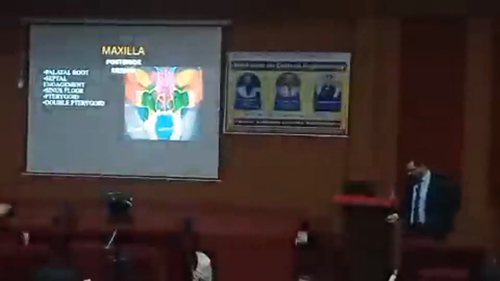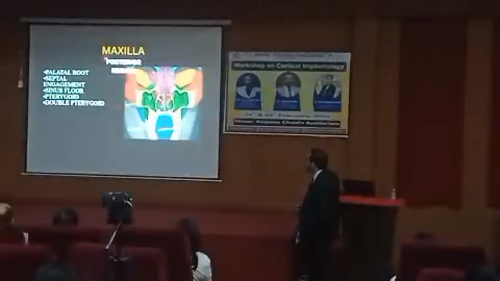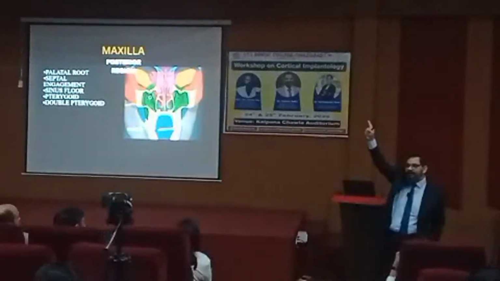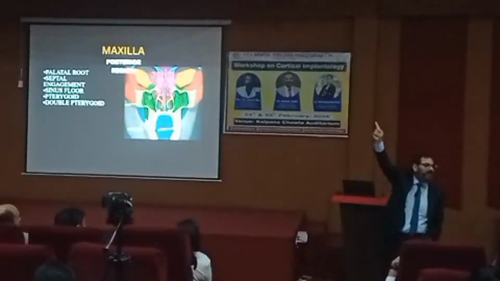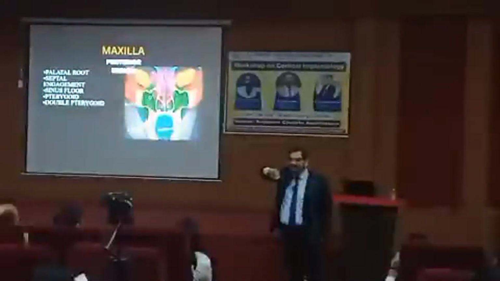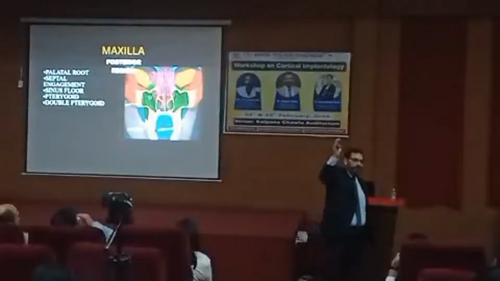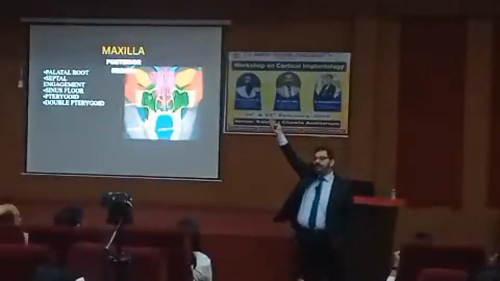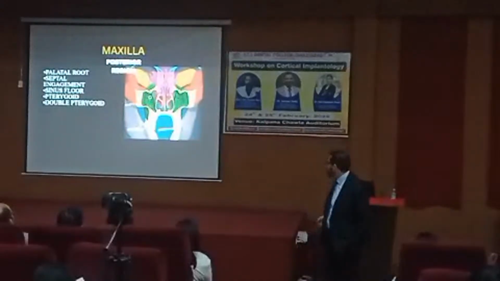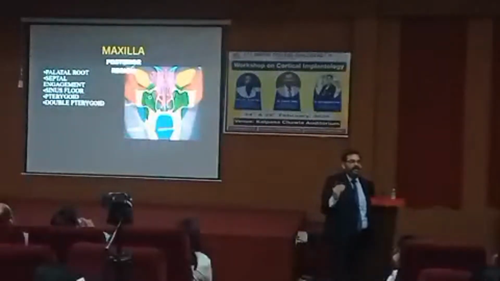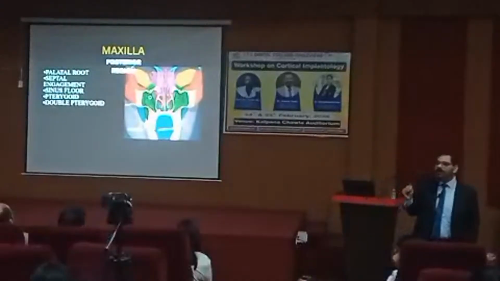Posterior region, in the posterior region of the maxilla, we can use the palatal root. जो आप 6 निकालते हैं उसी 6 की रूट अगर वो नेजल फ्लोर तक जा रही है तो हम उसी रूट को फॉलो करते हुए नेजल फ्लोर तक पहुंच सकते हैं। लेकिन अगर वो रूट साइनस में जा रही है तो तब इसको फॉलो नहीं करेंगे। तब हम उसको निकाल के सिर्फ उस रूट को फॉलो कर सकते हैं, रूट के अंदर रह सकते हैं। We cannot go beyond the root. ओके, साइनस फ्लोर को हम एंगेज कर सकते हैं। साइनस फ्लोर लाइनिंग is also cortical lining.